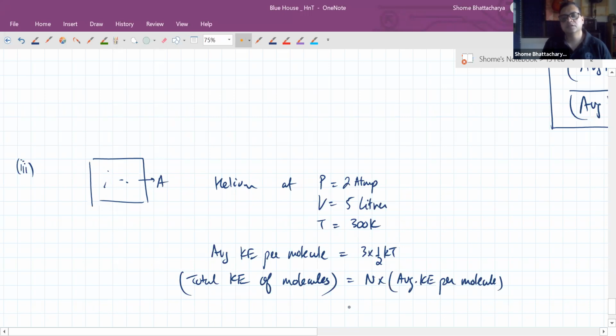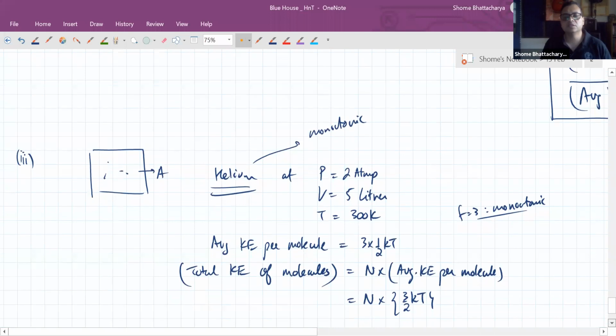That is number of molecules into 3 by 2 kT, because degrees of freedom was 3 for monoatomic helium gas. Now let's take this further.